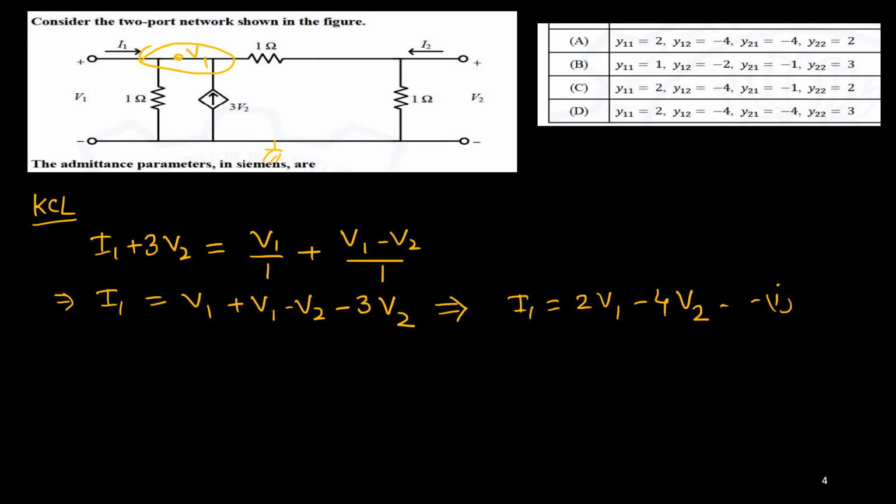Now second, I'll consider the node here. This node is V2. The incoming current is I2, and the outgoing current goes through this one and this one. So again I'll apply KCL at node 2.